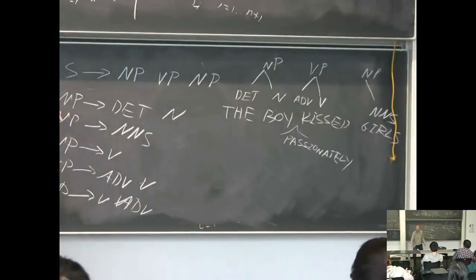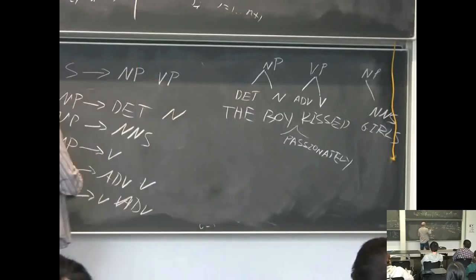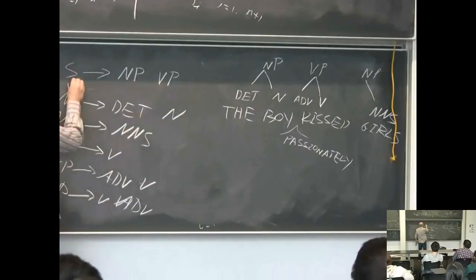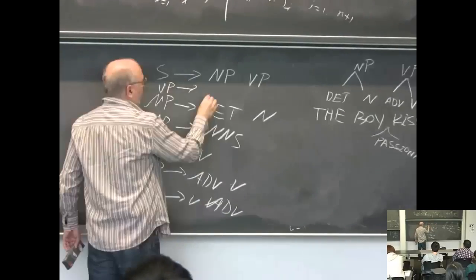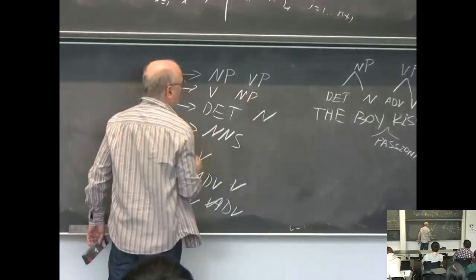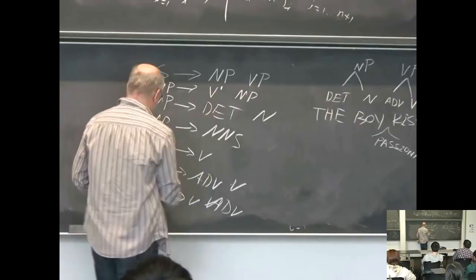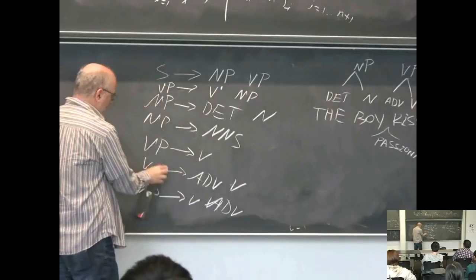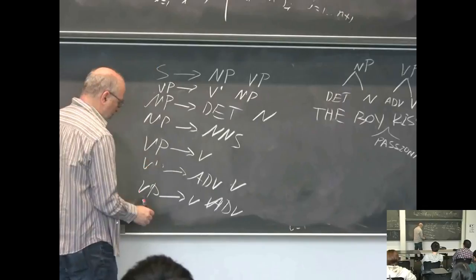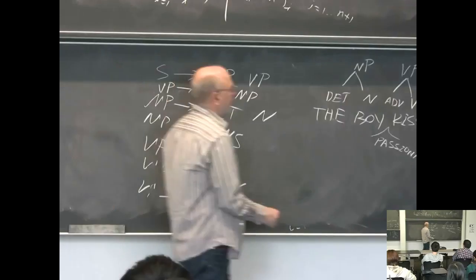Really, the way it's usually written, the sentence is a noun phrase and a verb phrase, and the verb phrase itself contains a verb and a noun phrase, right? And the verb is a verb something, and the verb something could be an adverb. So I'm not trying to be correct to English, just to give you the flavor of it.